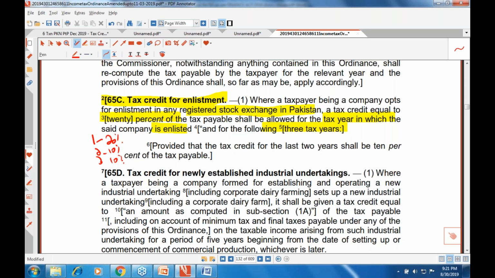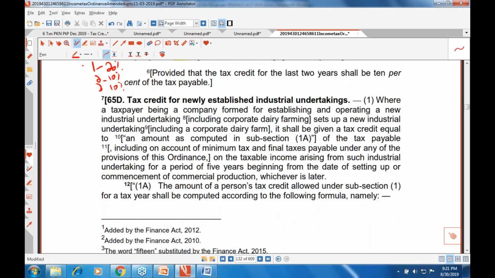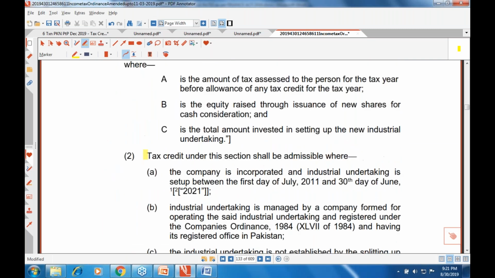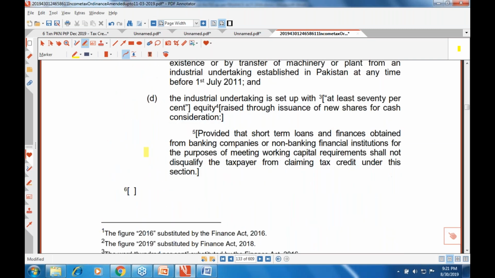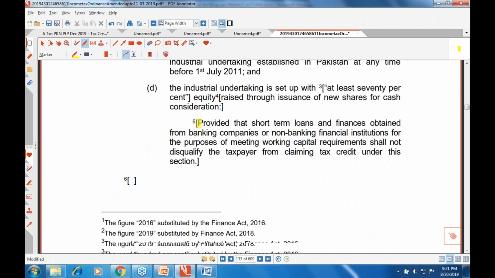Let's move forward. The next aspect is the tax credit for newly established industrial undertakings. Let's try to understand the concept of the industrial undertaking.